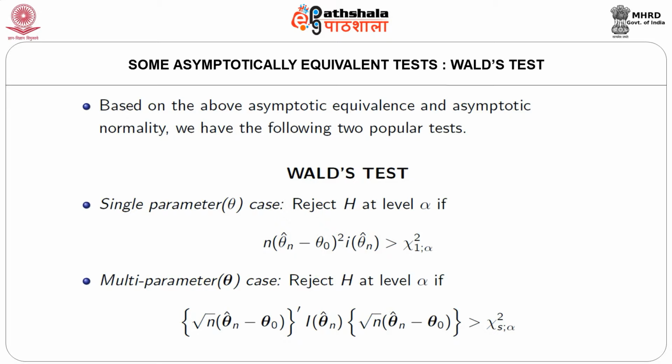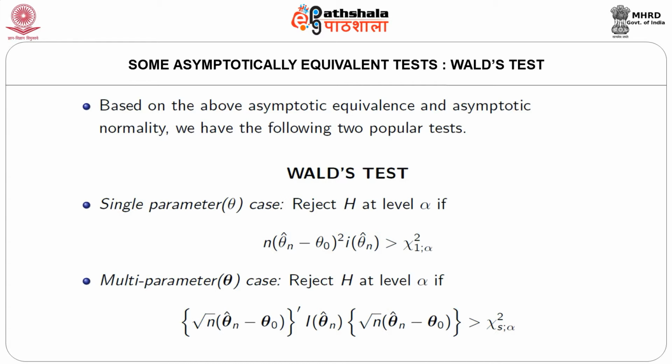Here we reject our null hypothesis H, which says that theta curl equal to theta naught curl, at level of significance alpha if root n times theta n hat curl minus theta naught curl prime, the matrix I of theta n hat, root n times theta n hat curl minus theta naught curl is greater than chi square S comma alpha, where chi square S comma alpha denotes upper 100 into alpha percent point of chi square distribution with S degrees of freedom.